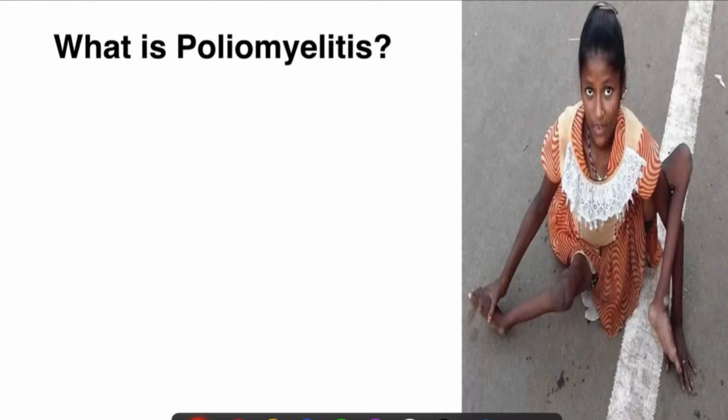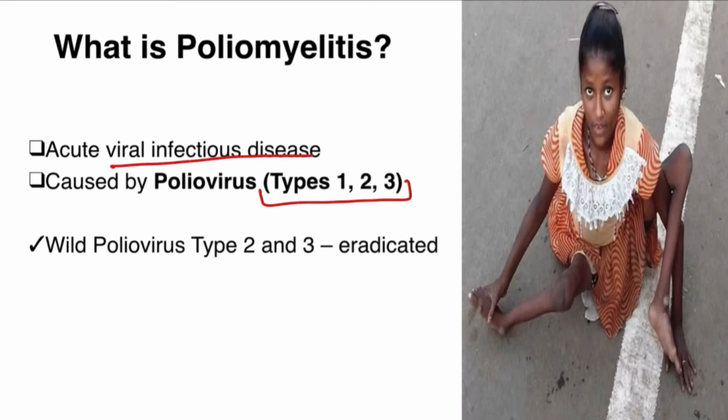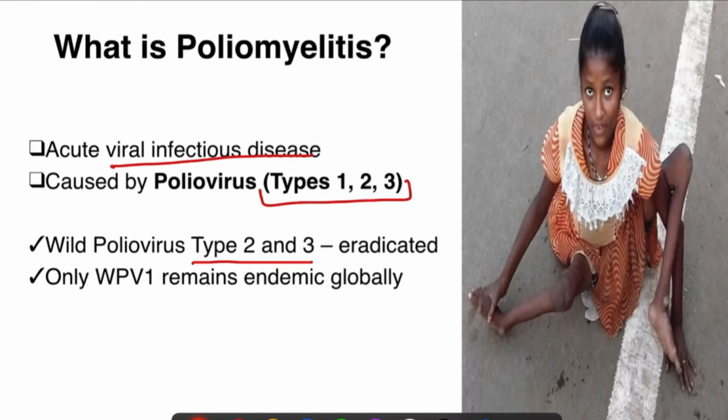OPV is given for the prevention of poliomyelitis, which is an acute infectious disease caused by the poliovirus. There are three types of poliovirus, 1, 2 and 3. While poliovirus 2 and 3 have been eradicated, only wild poliovirus 1 remains endemic globally.